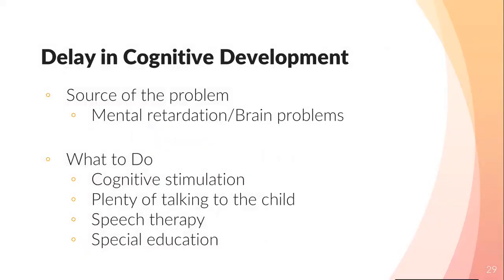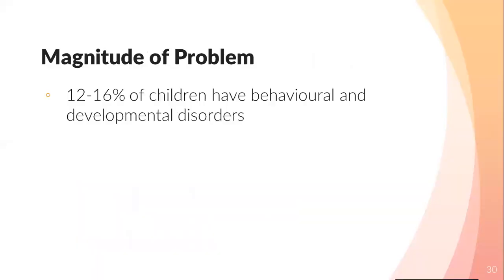Then there is delay in cognitive development, or as I mentioned, mental retardation. This is important to be addressed. We need to teach the child the way he or she can take up, depending on how sharp the child is, and based on how easily we can present things to the child.